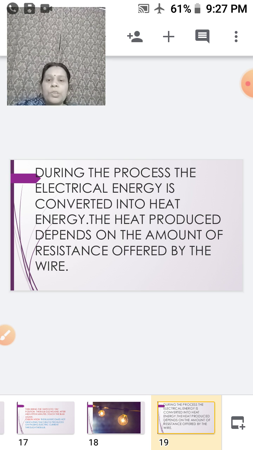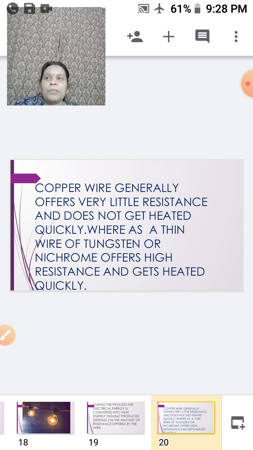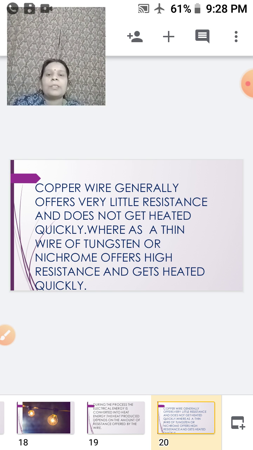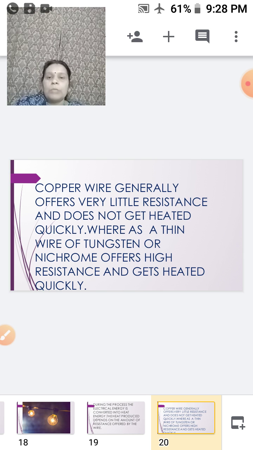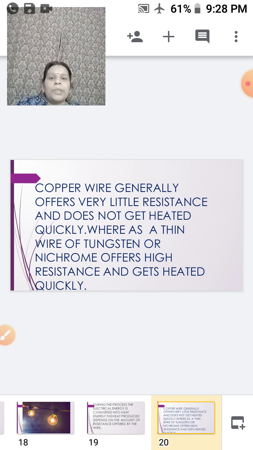The heat produced here depends on the amount of resistance that is offered by the wire. That means the amount of resistance and the amount of heat are directly related. Copper wires generally have very little resistance, so they do not get heated very quickly.